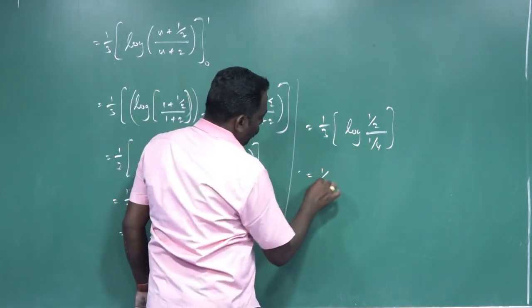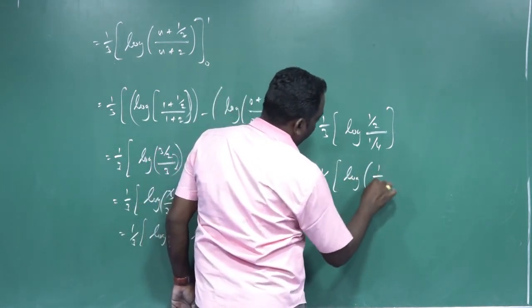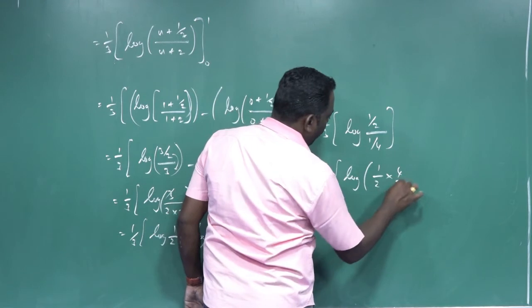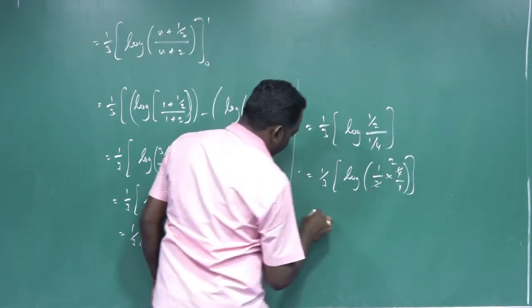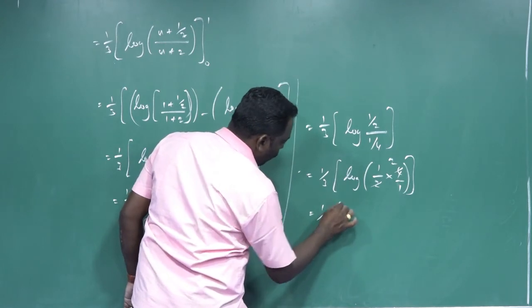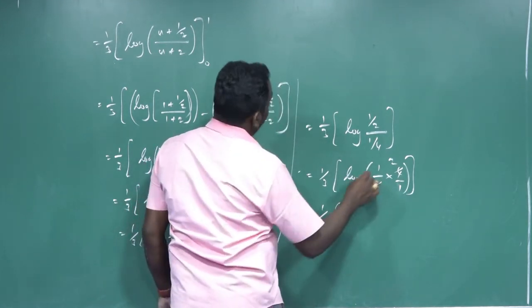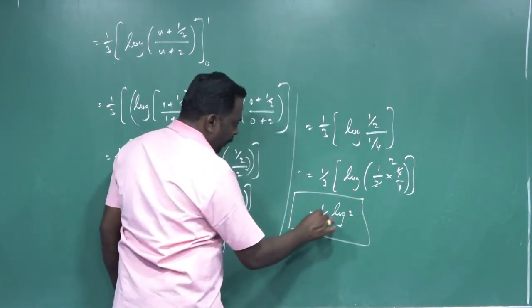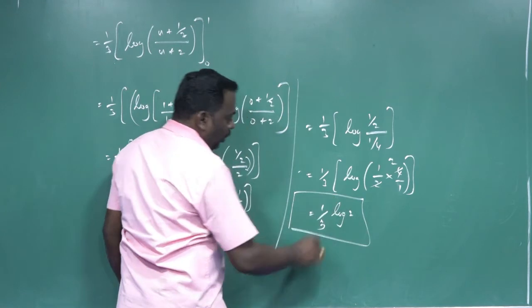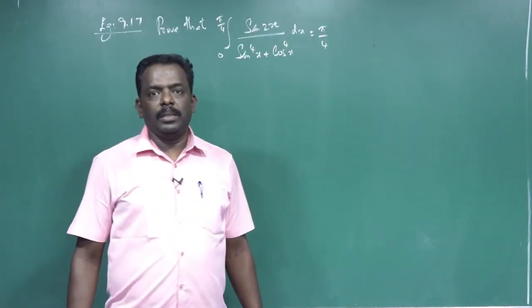That is equal to 1 by 3 in the outside, log of within the bracket 1 by 2, take reciprocal 4 by 1, and 2 cancels 2 times. That is equal to 1 by 3 into log of 2 remaining in the term. That is the simplification. We have to show that 1 by 3 into log 2 base e. Come to the next example.